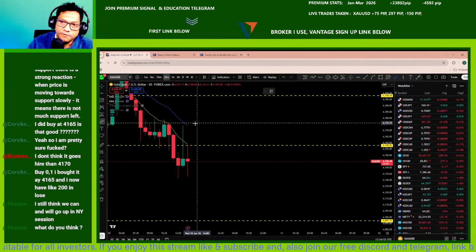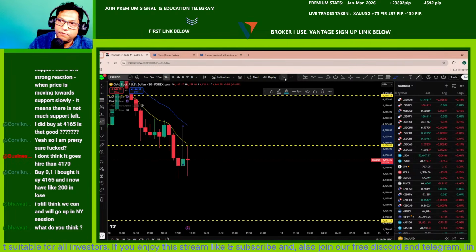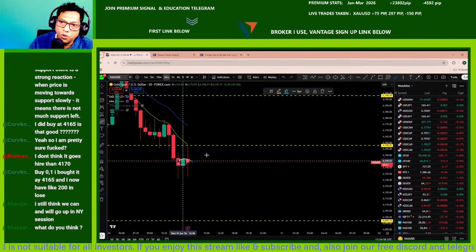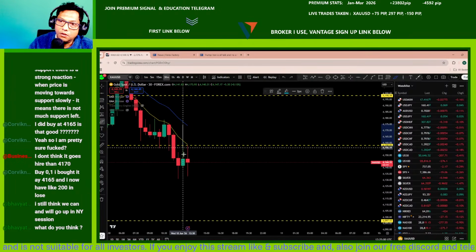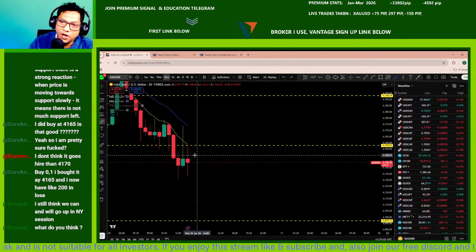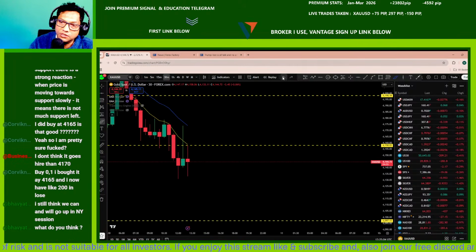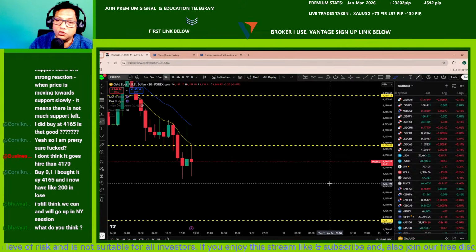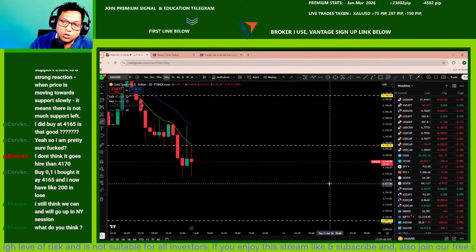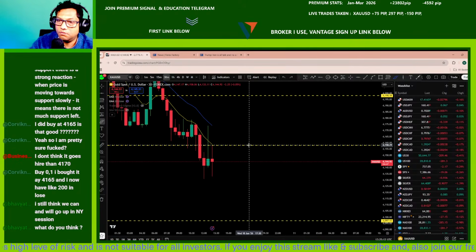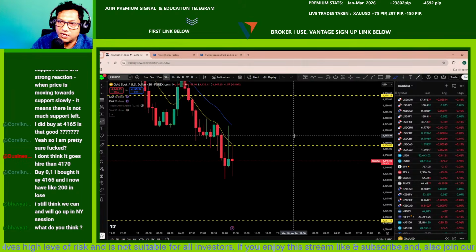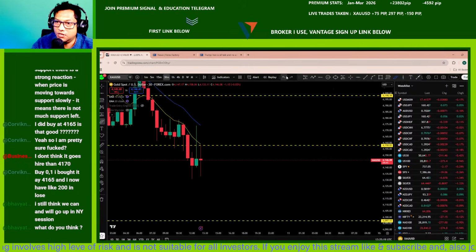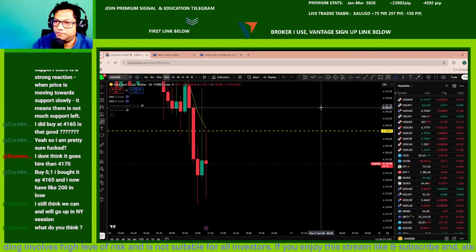This is a pretty long wick candle with a narrow, smaller body, a large long wick, followed by this one from here that had a shorter wick. Because it has a longer wick and also a shorter wick, we may see this market have a pullback and then return back down.